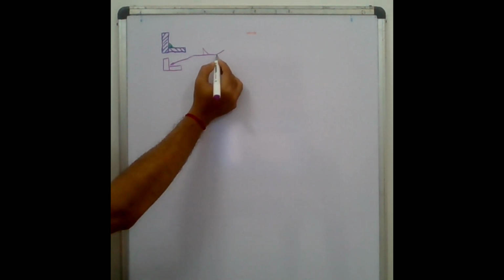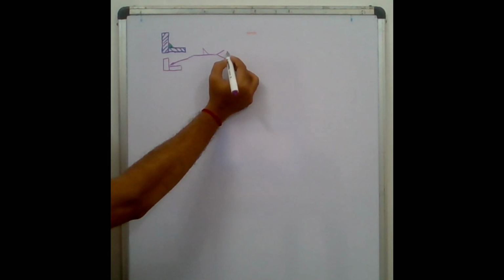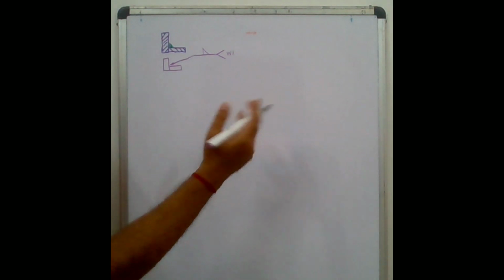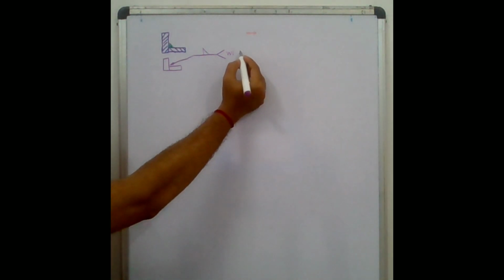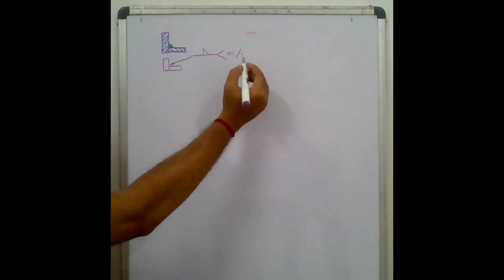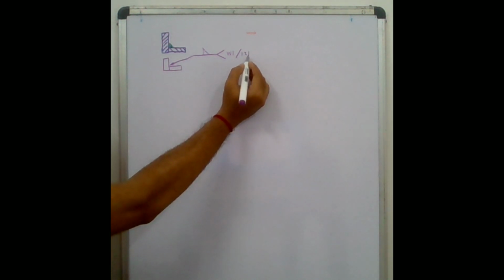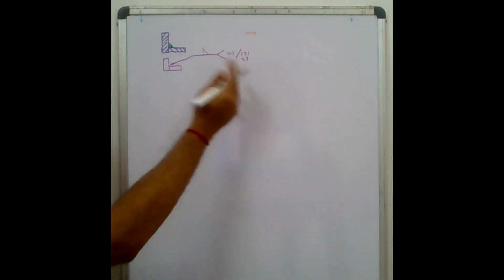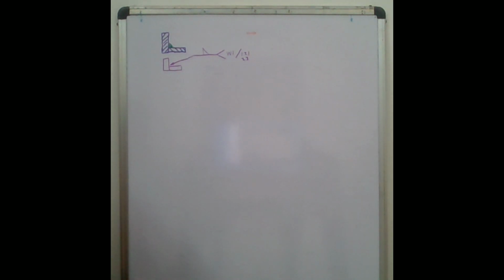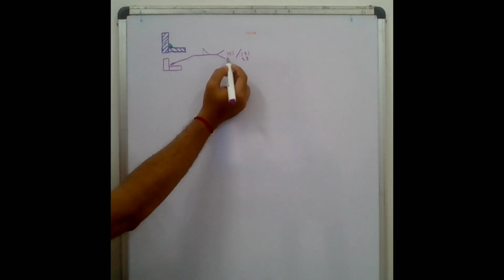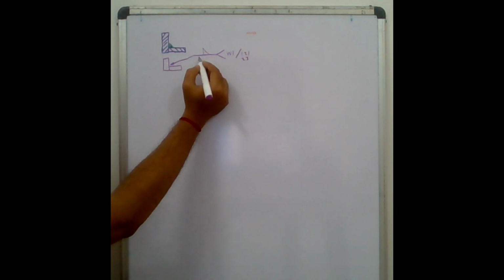Then at the tail, we can write the weld sequence number like W1 or W2, or we can also give the weld number or any other information related to welding. This weld number is defined in ISO standards. So here in the tail you can provide this information.